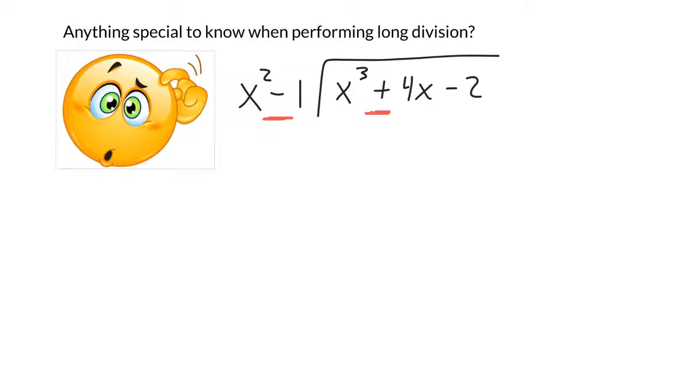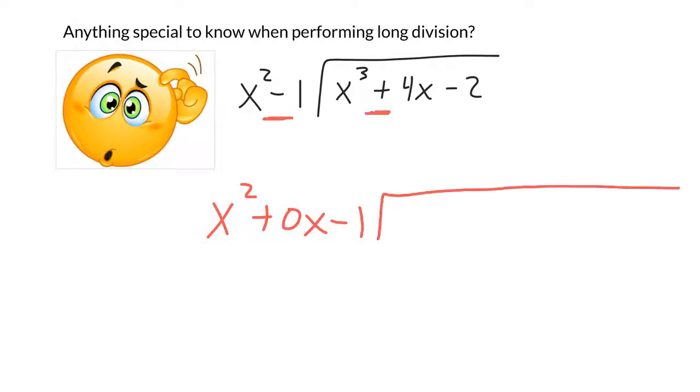So I would first write this as x squared plus 0x minus 1 headed into x cubed plus 0x squared plus 4x minus 2, because you need to have those missing terms present, or things don't line up well when you do the long division, and then that causes great confusion.